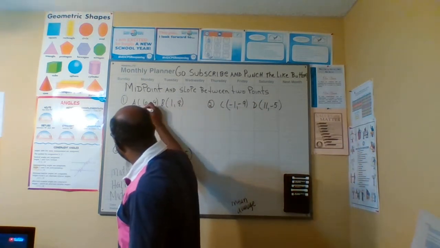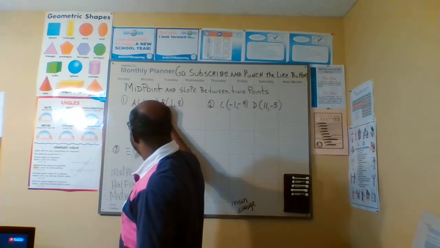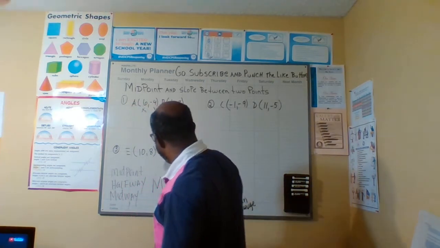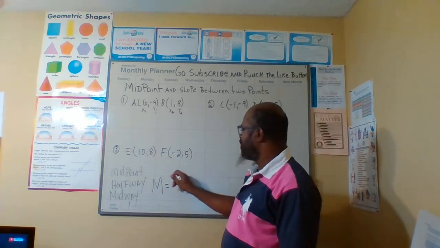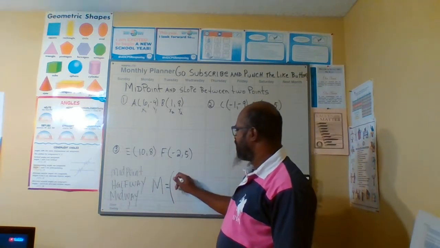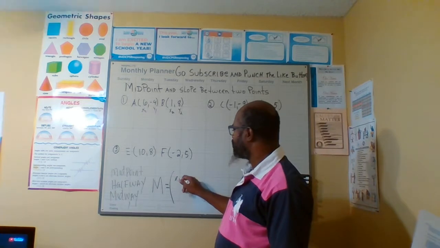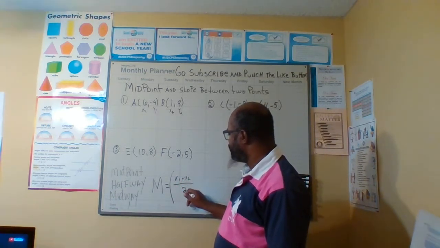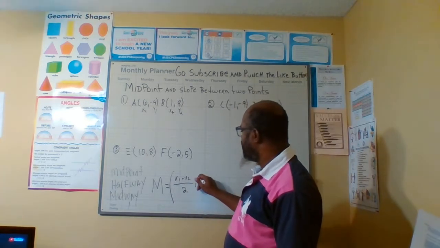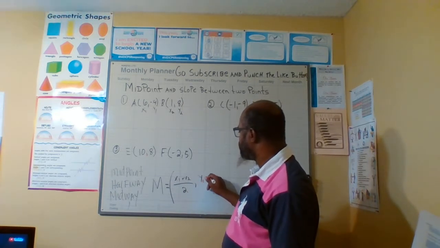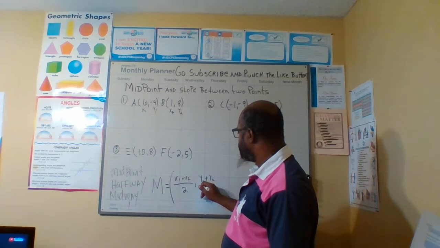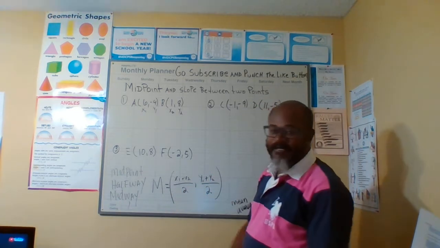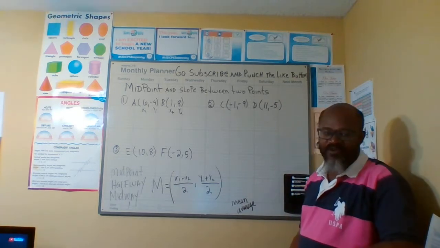As always, I will label this as my x1, y1, x2, y2. The midpoint formula is (x1 plus x2 divided by 2, comma, y1 plus y2 divided by 2). That's the midpoint formula.